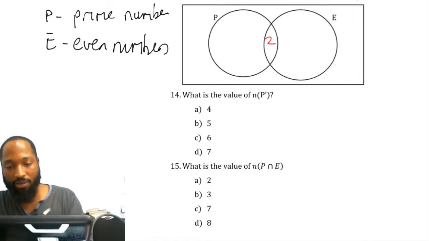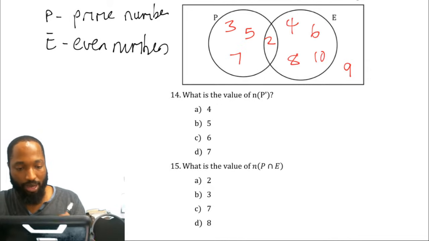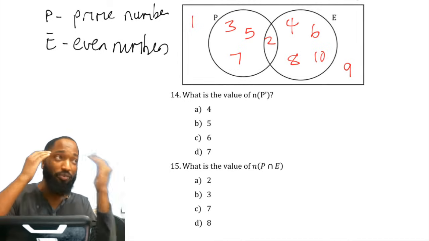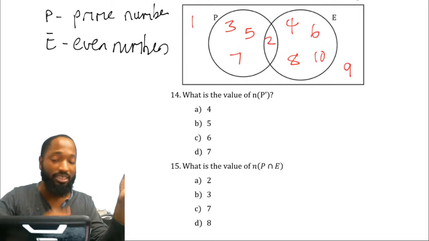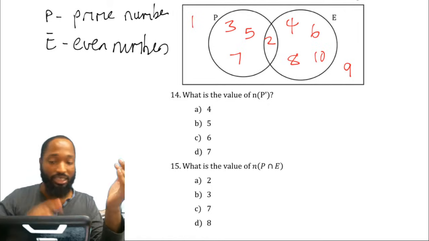So 2 going in there, the other prime numbers will have to go here, right? 3, 5, and 7. 9 is not a prime number. It's not even either. 2, 4, 6, 8, 10 as well. And don't forget 1. 1 is not a prime number. And that's something that's tested in multiple choice, whether you know if 1 is a prime number or not. That can be tested in more than one way, in algebra, in different sections.